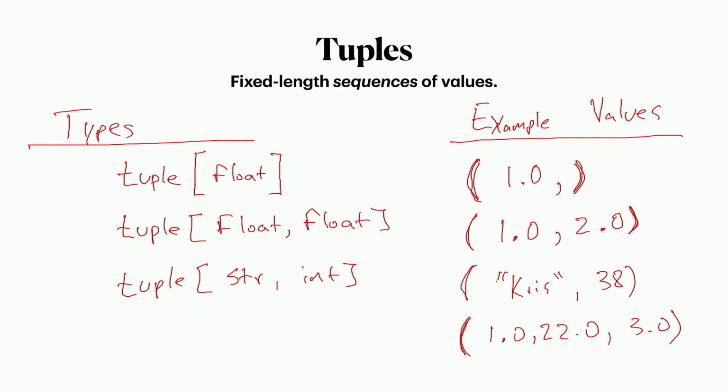Let's say we wanted a tuple that has all the same types of values, so a tuple of many floats, but we don't actually care how many. This is going to be a function that works with a tuple of any length as long as they're all the same type. And so in that case, the final type example I'll give you is tuple float and then ellipses. Right? So 3 dots.